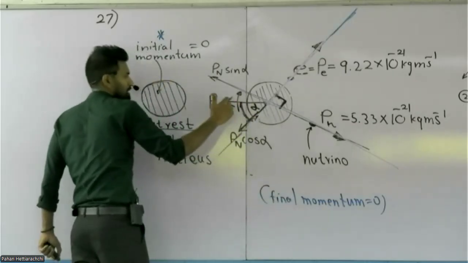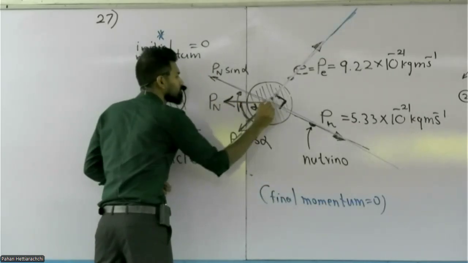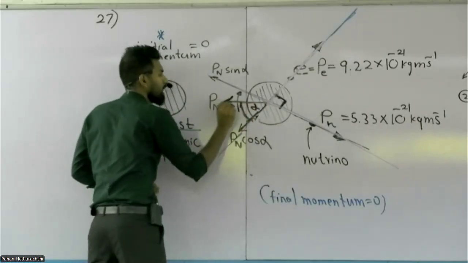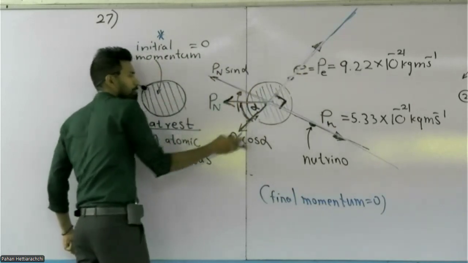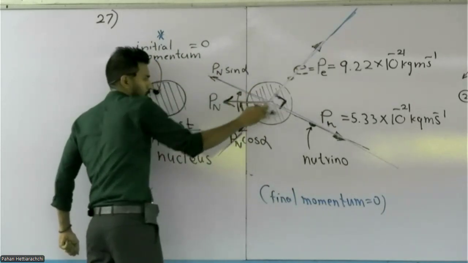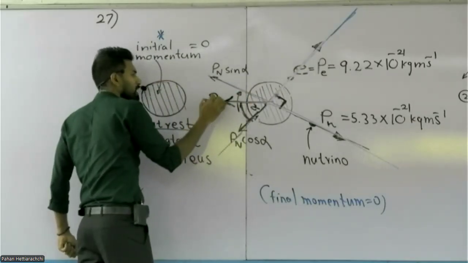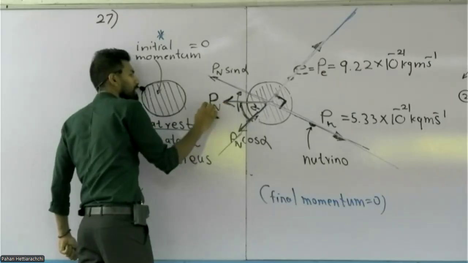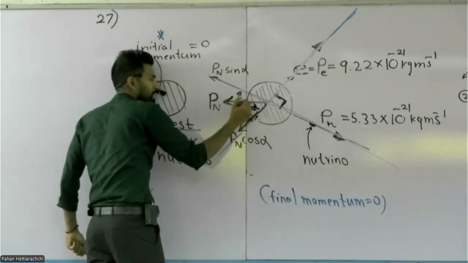So I took that the remaining nucleus recoils in a direction like this. It creates an angle alpha with this line, with the electron's motion. If the recoiling nucleus has a momentum P_N, and this angle is alpha, what is this component?